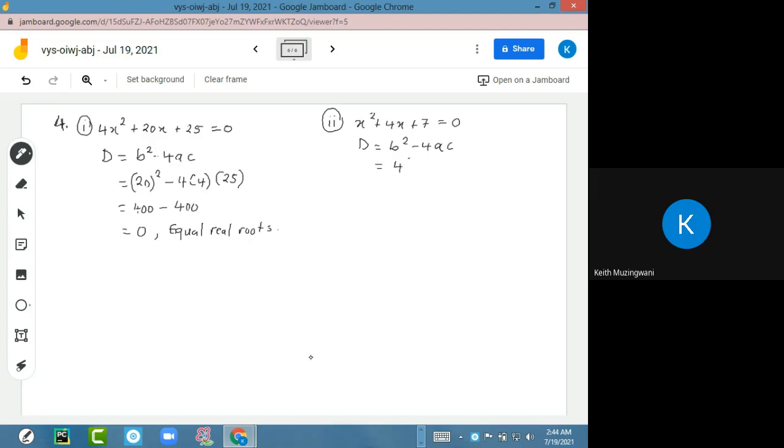That is 4 squared minus 4, a is 1, c is 7. That is 16 minus 28, which is negative 12, which is less than 0. So we have imaginary roots.